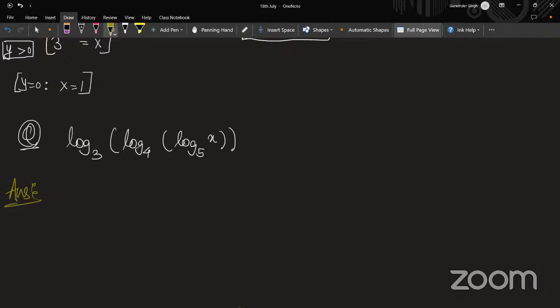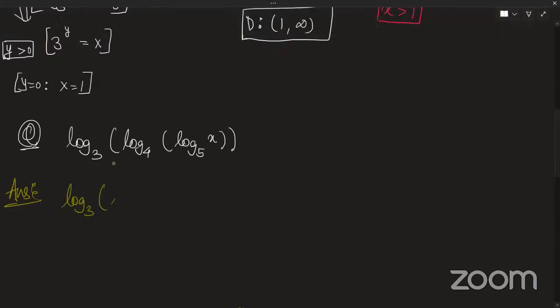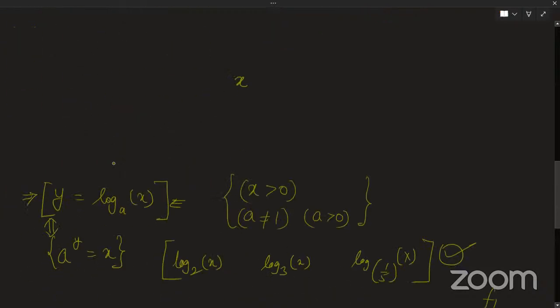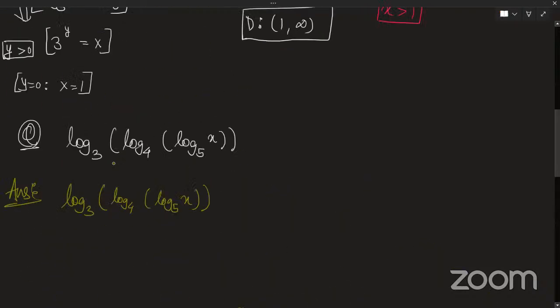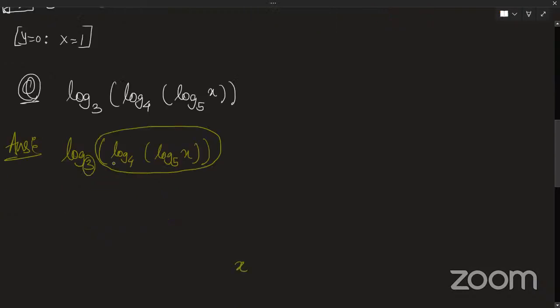Now what is happening is log base 3, log base 4, log base 5x, right? So I look at this. Now this thing has become my input and this thing has become my base. My base 3 is already sorted. It is greater than 0 and it is not equal to 1.